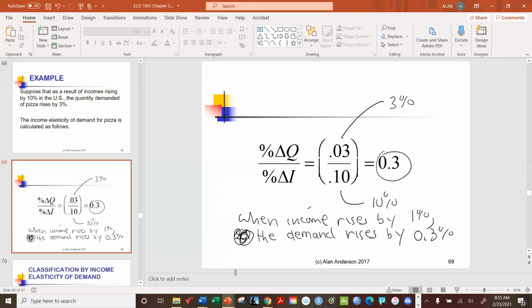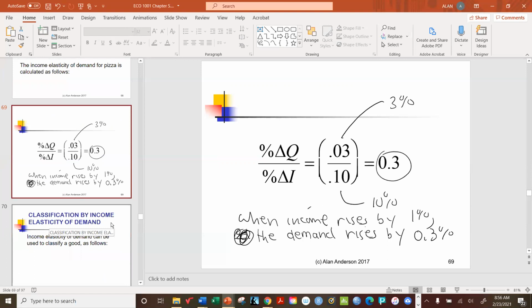How do we know that? What's the tip-off? This proves that pizza is considered to be a normal good. Well, the mere fact that we bought more pizzas when our income went up means that this is a normal good. All right, and that should give you a clue as to what's coming next.